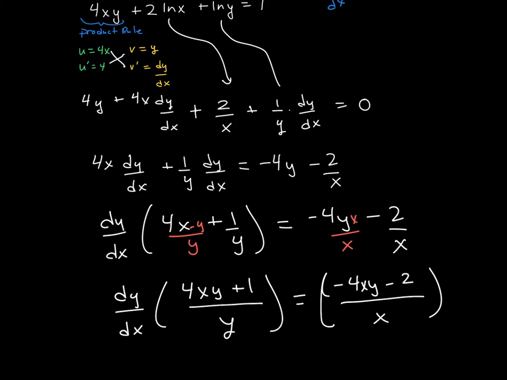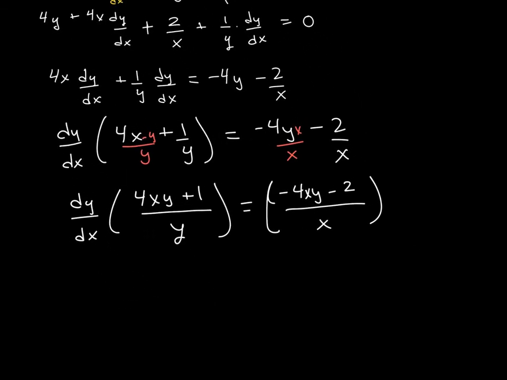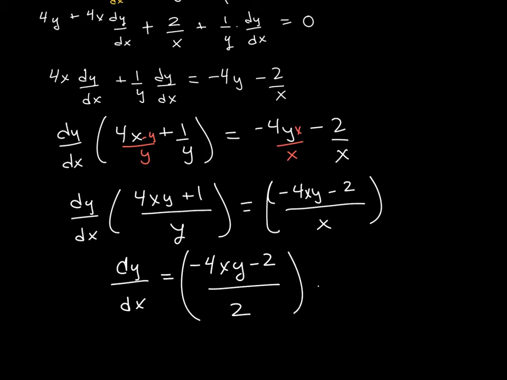Now when I go through and do this, instead of dividing fractions, I'll just go ahead and multiply by the reciprocal. So I'm left with dy dx is equal to negative 4xy minus 2 over 2. Multiply times the reciprocal, which gives me y over 4xy plus 1.